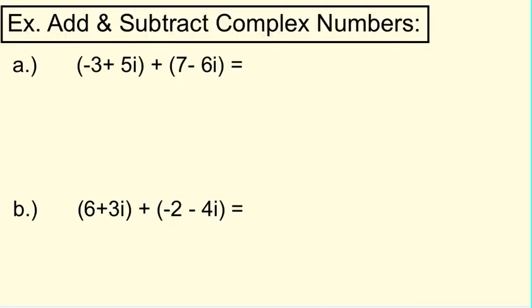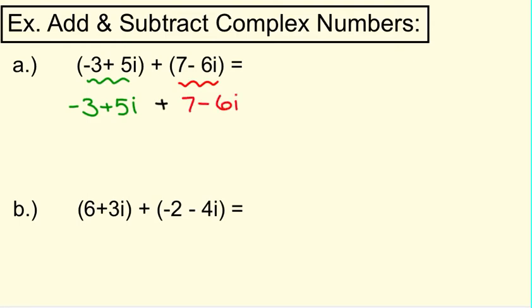So here's our first example. We want to take this complex number and add it to this complex number. So I'm going to go ahead and just drop the parentheses. So I have -3 plus 5i plus 7 minus 6i.